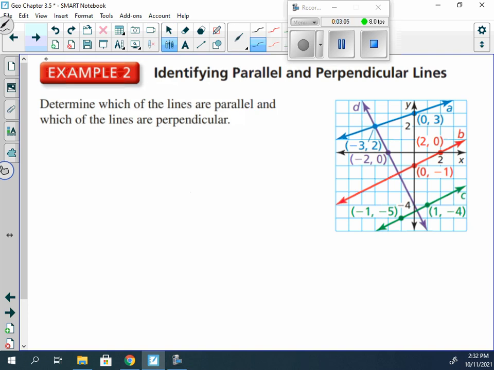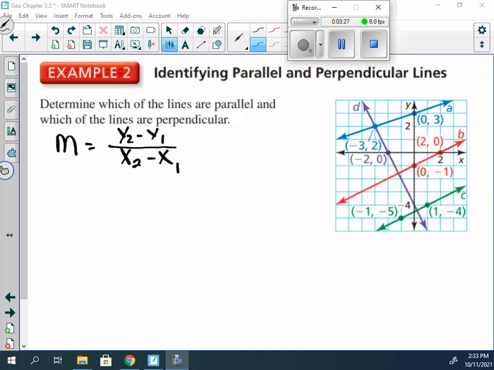Now, to do this for the first few problems, we need to find the slopes of the lines. The equation to find the slope is y2 minus y1 over x2 minus x1. All right, guys, so we want to determine which lines are parallel and which lines are perpendicular.